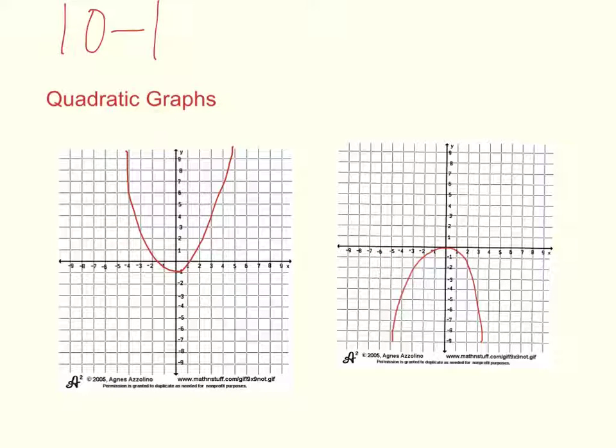So there are two types of quadratic graphs when it comes to the parabola. There are the ones that go up and the ones that go down. Now, the parabola you might have to name if it's minimum or maximum. Here, this is minimum.